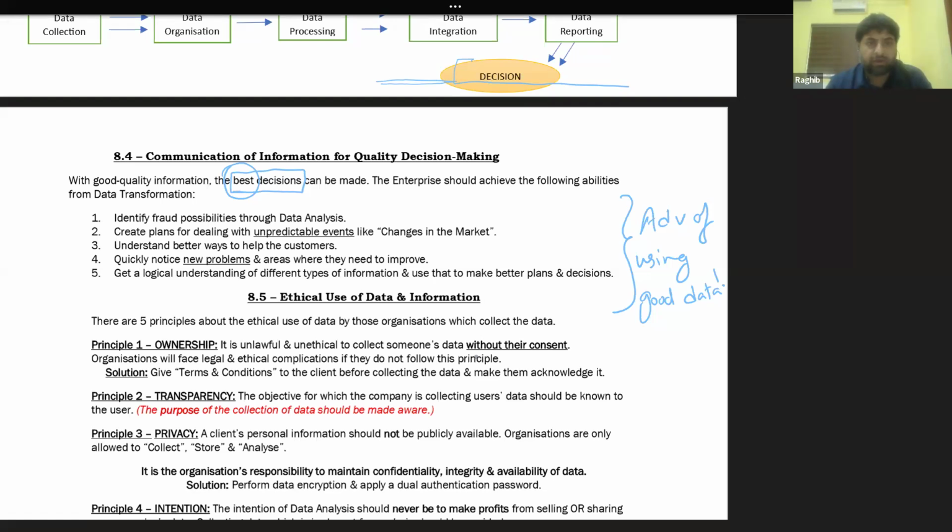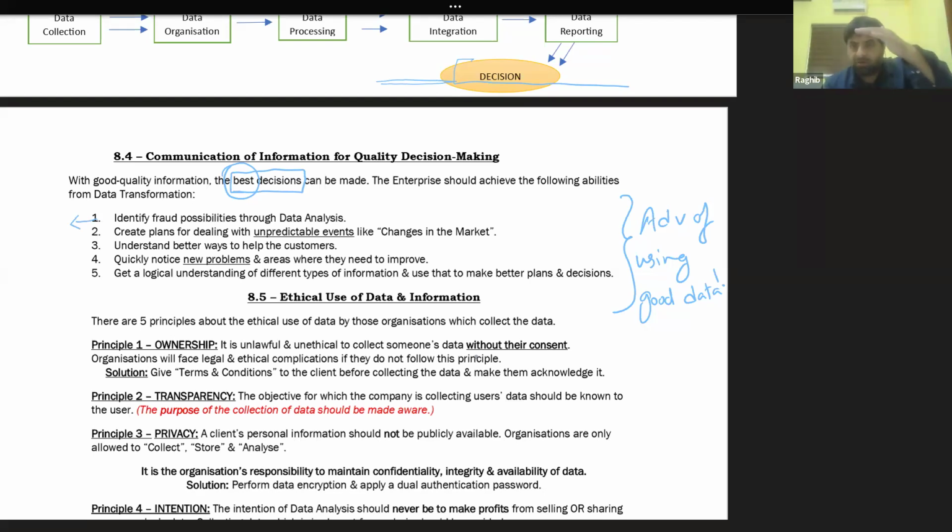Identify fraud possibilities through data analytics. Since we are commerce students, this subject is also speaking to us about commercial transactions. There are millions of transactions happening, thousands of transactions in a day.